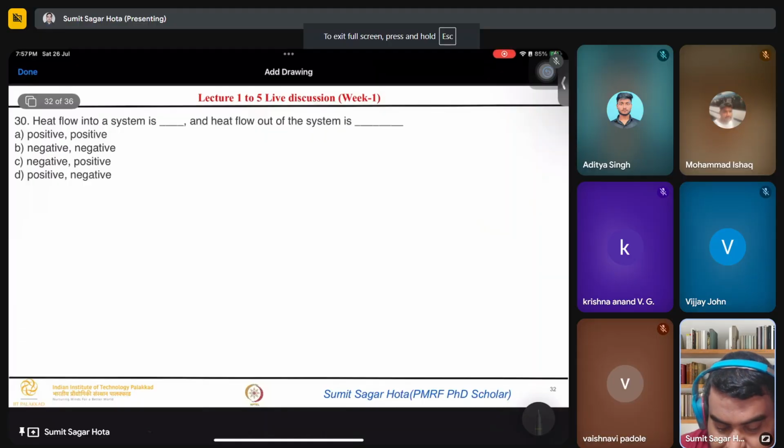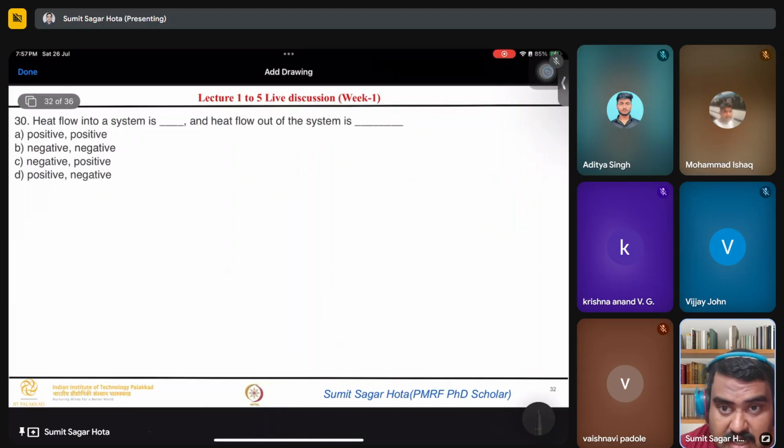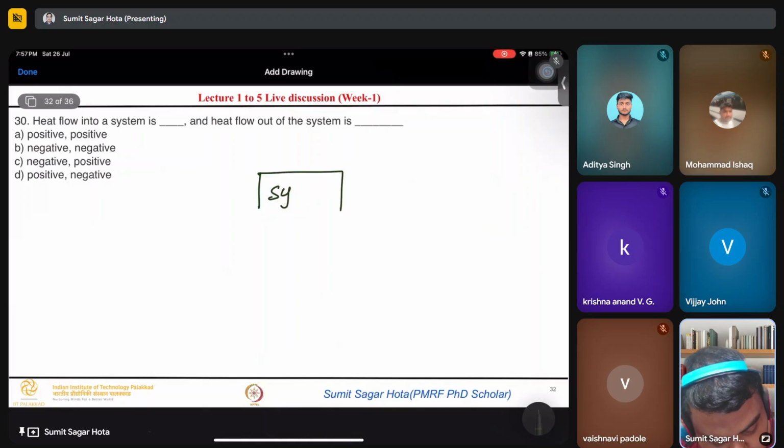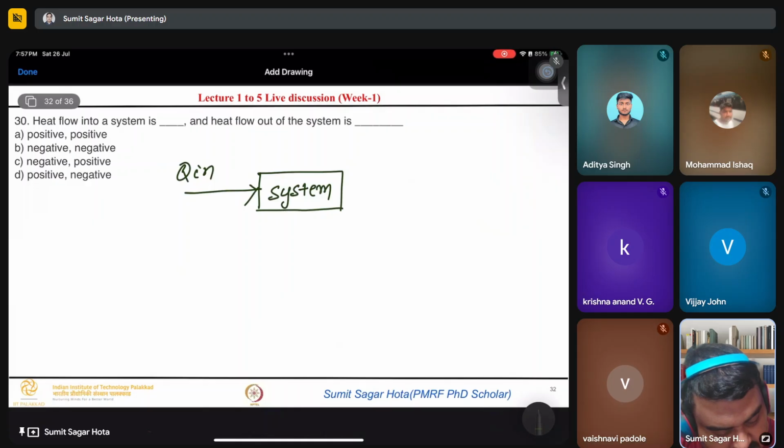Next question. The heat flow into a system is dash and heat flow out of the system is dash. It's a kind of sign convention they want. So if it is a system, this is your Q in, this is your Q out.